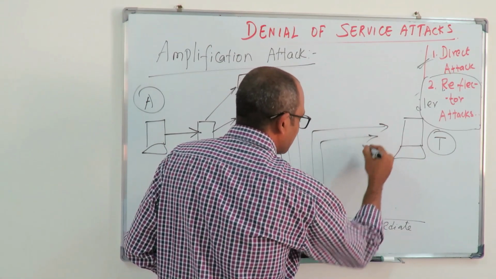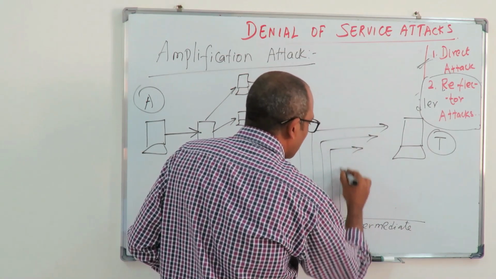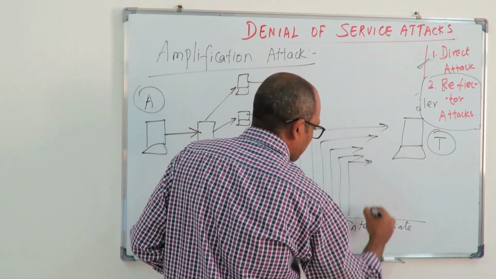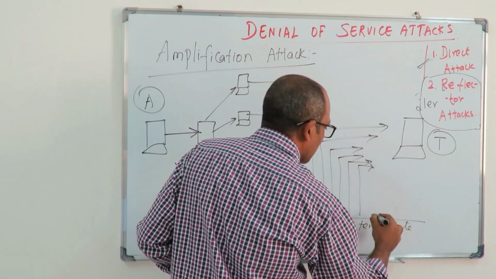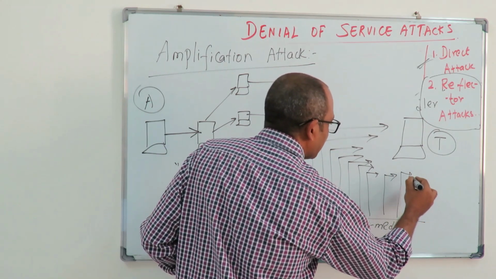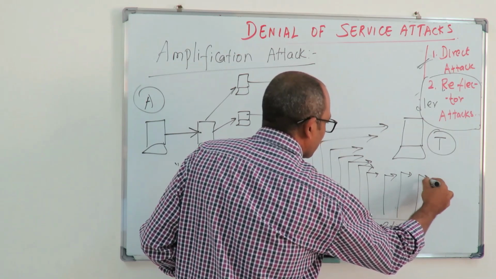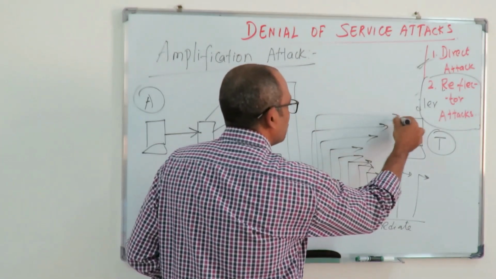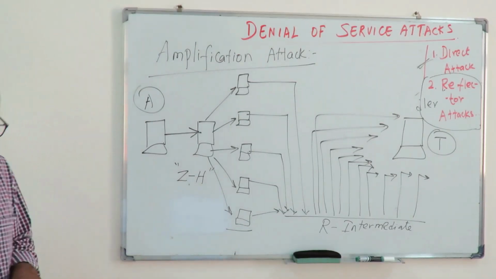From the intermediates, I am going to get multiple replies. This is called amplified. The strength of the attack is amplified, and it is going to attack this particular target. This is what we say is the amplification attack.